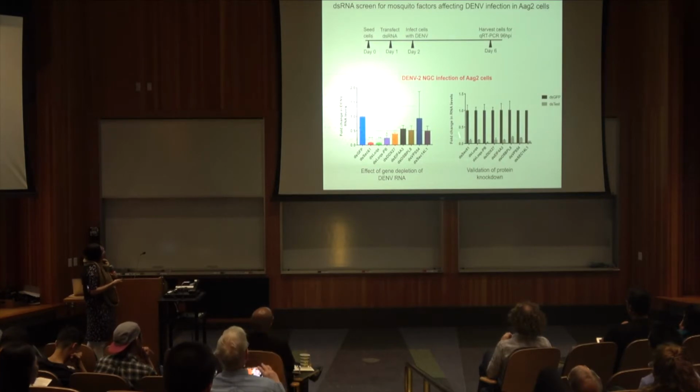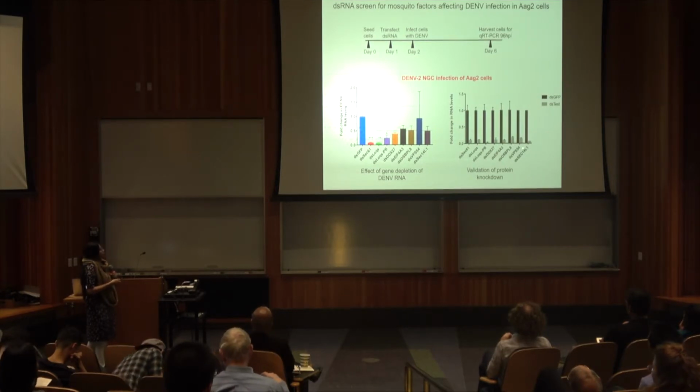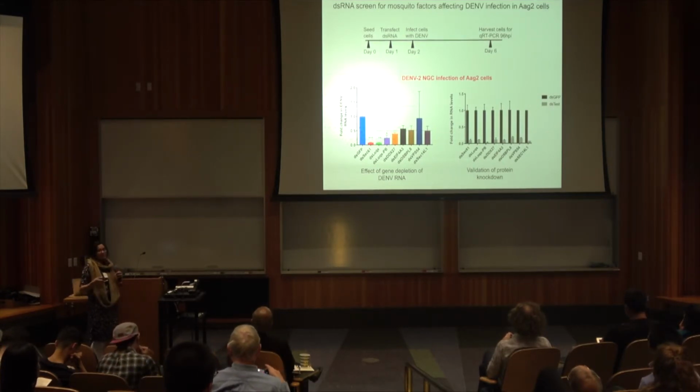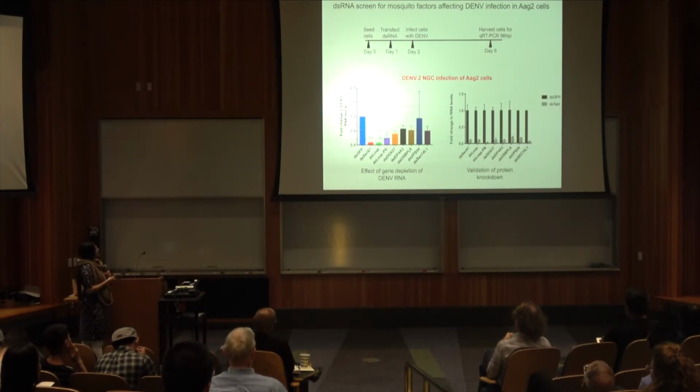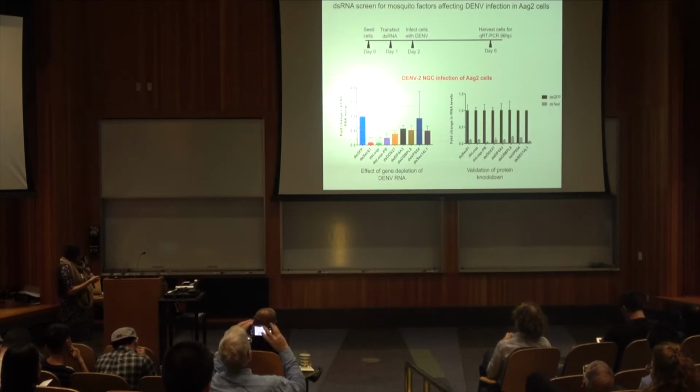So this panel shows that the proteins that we wanted to knock down have been efficiently knocked down. And amongst the proteins we tested, we noticed that knockdown of Sec61A1 and loquacious proteins leads to a significant decrease in the dengue RNA abundance in mosquito cells.